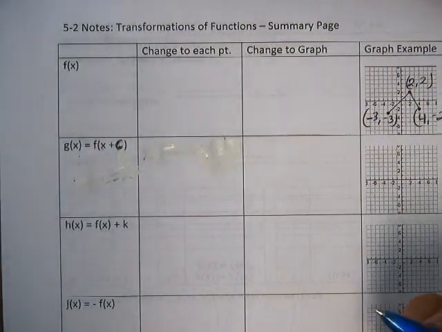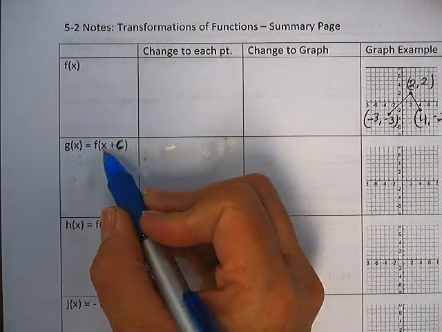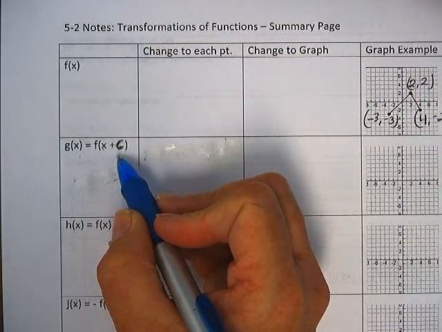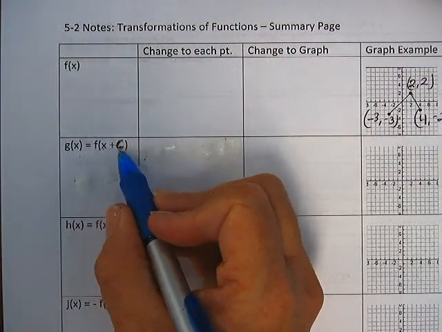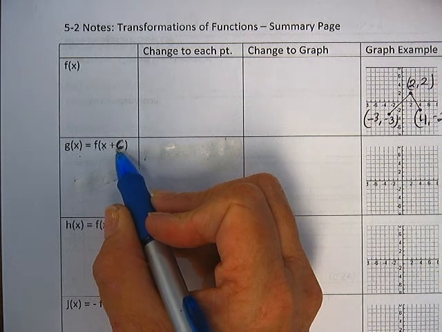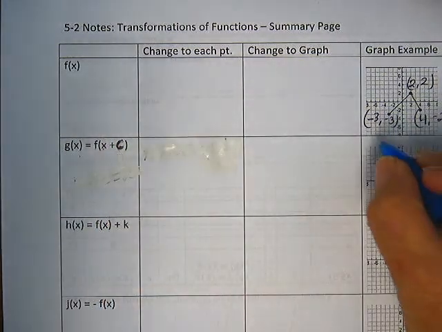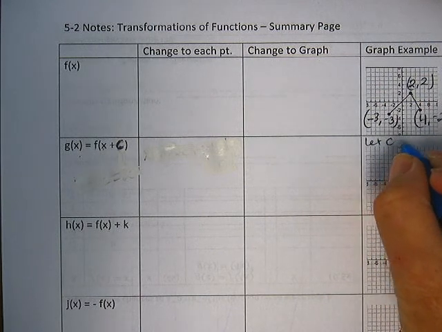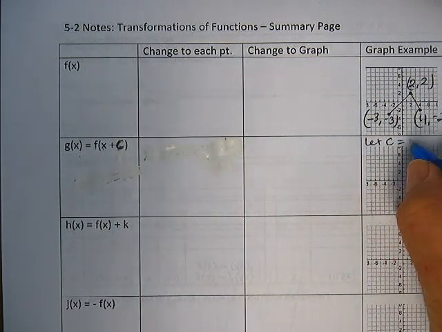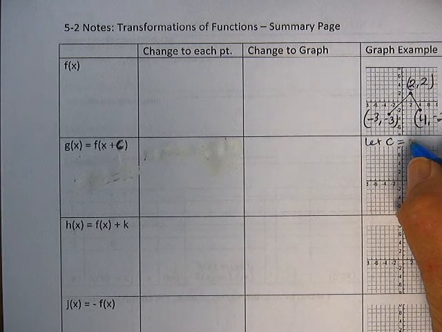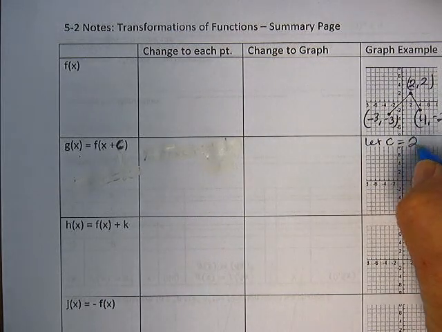What happens when we have an equation that says x plus c? We know that the horizontal translations make it move the opposite of what it looks like here. So if we let c equal, let's say c equals 2.